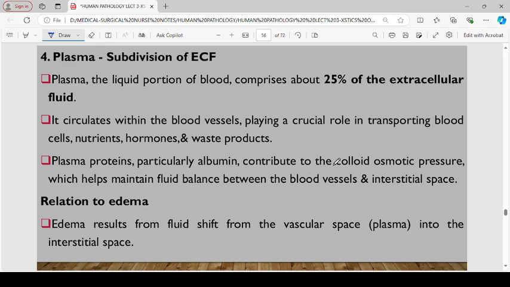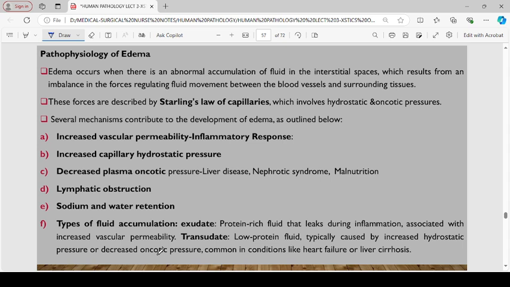We have plasma proteins, particularly albumin, which contribute to colloidal osmotic pressure, which helps maintain fluid balance between blood vessels and interstitial space. So edema normally results when there is fluid shift from the vascular space, where there is plasma, into the interstitial space, all right?